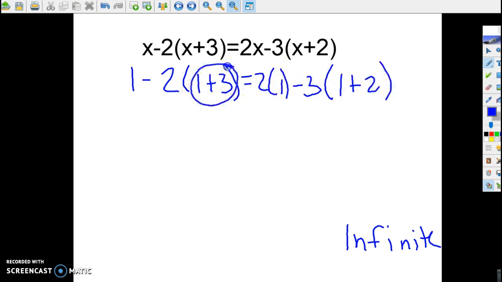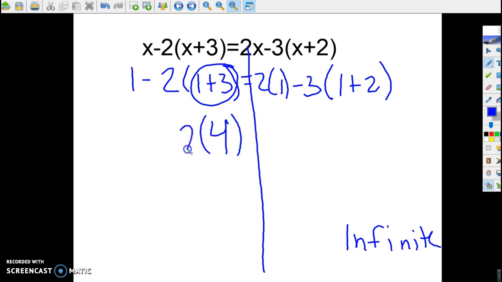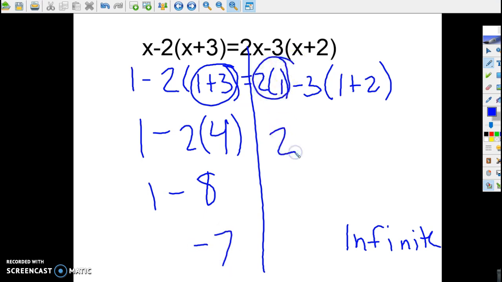If you simplify that, 1 plus 3 is 4, and 2, so I'm going to simplify everything on the left side of that line first. 2 times 4 is 8, and 1 minus 8 is -7. Here, 2 times 1 is 2. 1 plus 1 right here is 3, so we have -3 times 3 is -9, and 2 minus 9 is -7.